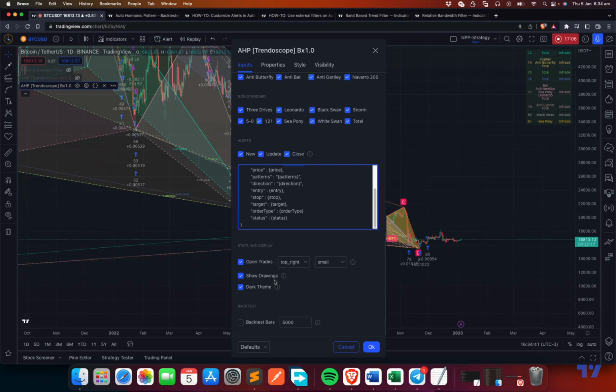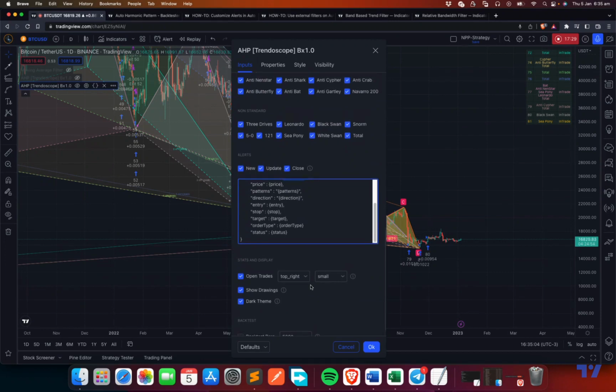And one more thing, when using the script for alerts, make sure you uncheck these options so that the alert will run faster. Alert is something like your script running somewhere on a server, so you don't want to slow it down with these drawings and tables and all these things. So unselecting this will improve the performance of your alert script.